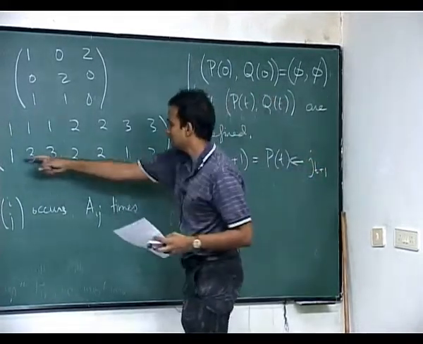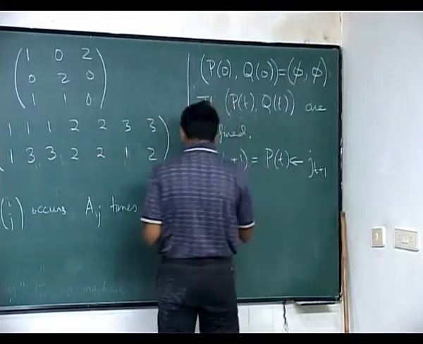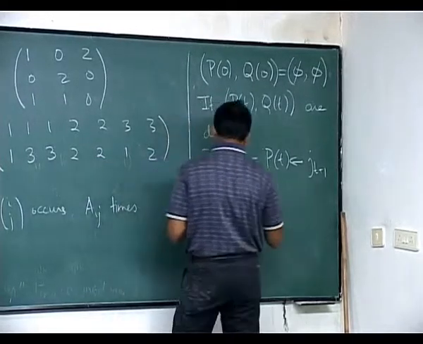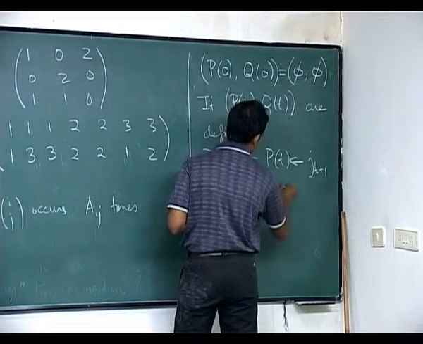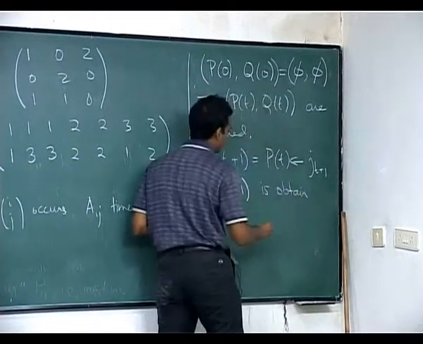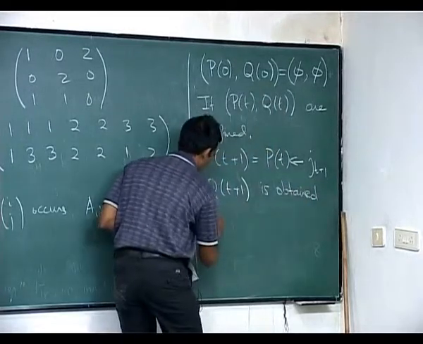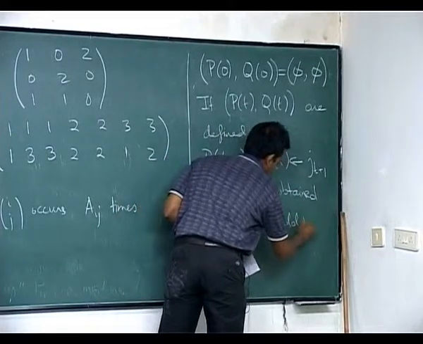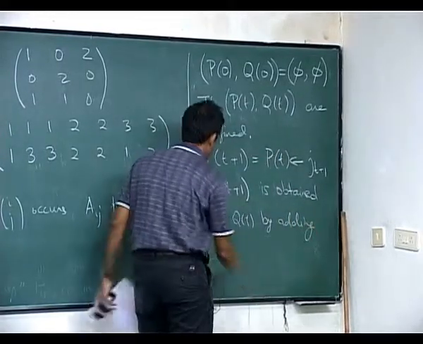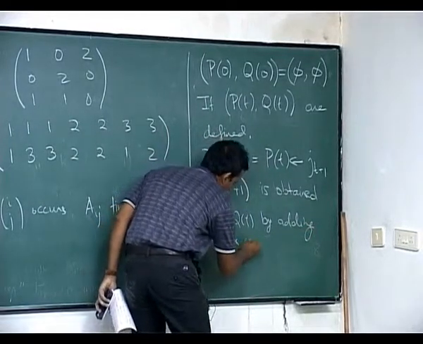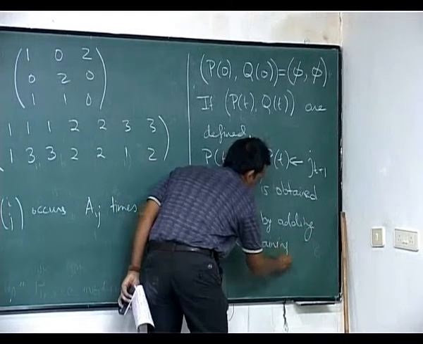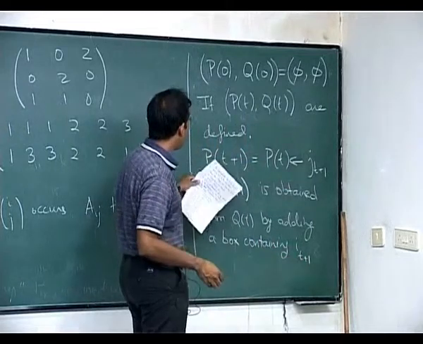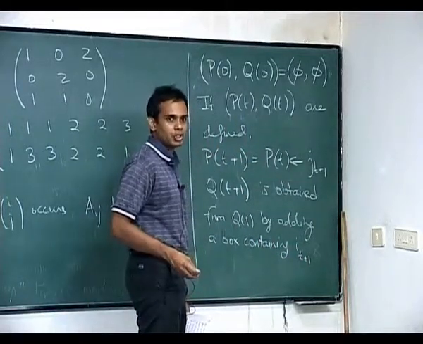So you take the entries from the second row and you insert them into P, and Qt plus 1 is obtained from Qt by adding a box. You don't disturb Qt itself, but you add a box containing it plus 1 in such a way that Pt plus 1 and Qt plus 1 still have the same shape.